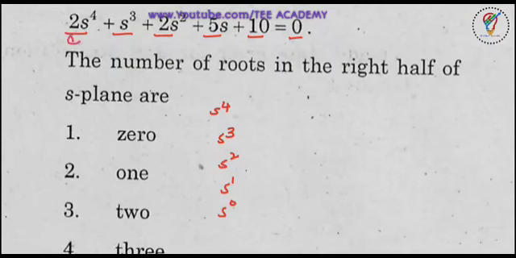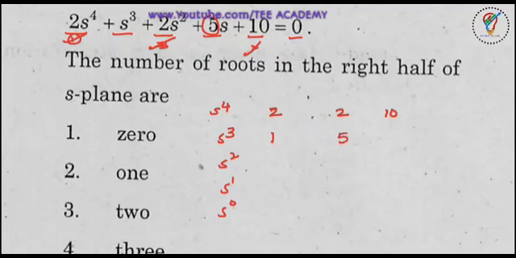For s power 4, the first row is 1, 2, 10. Next s power 3: no coefficient is given, so we take it as 1. After that it is 5, and later you can take 0, no issue at all.